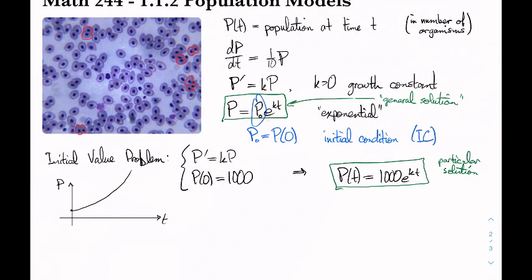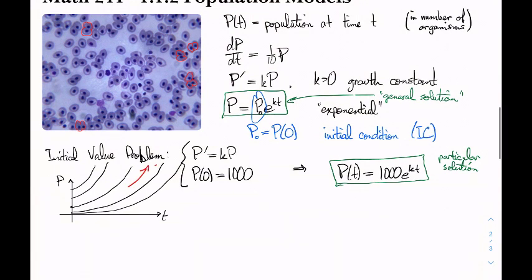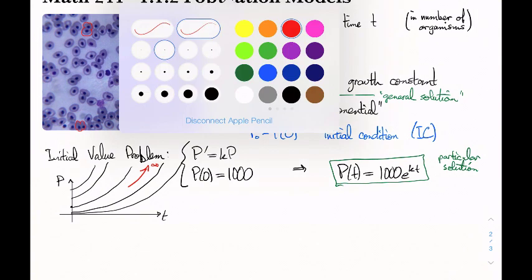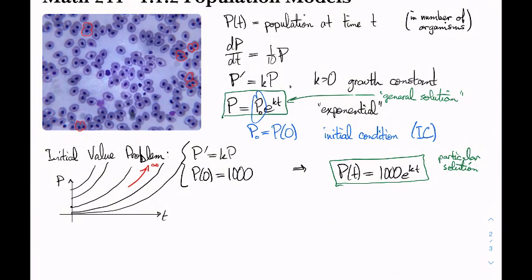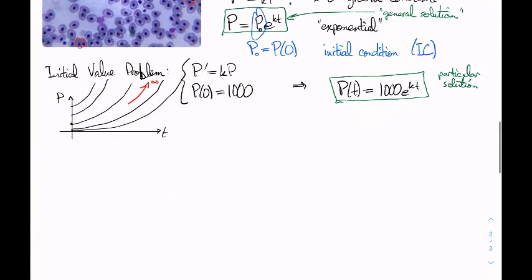And so I'm just going to get similar copies of this curve depending on what initial condition I choose. So there's an immediate issue with this kind of a growth model, and that is that all the solutions increase to infinity without bound, which is completely unrealistic because in any actual population, there's going to be constraints.